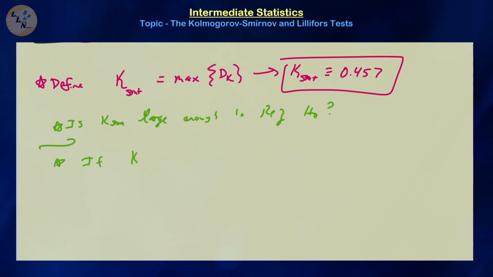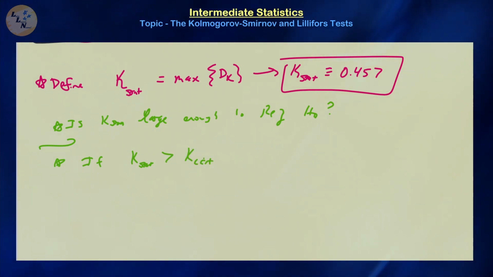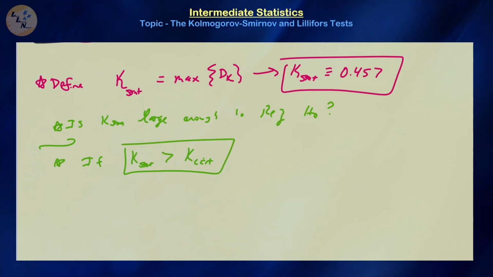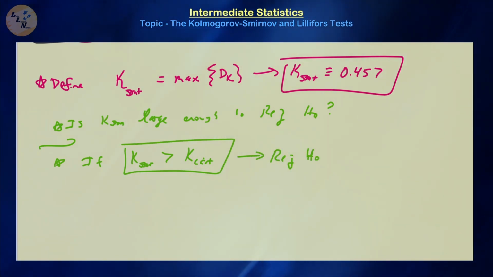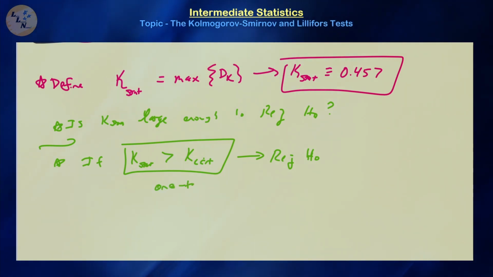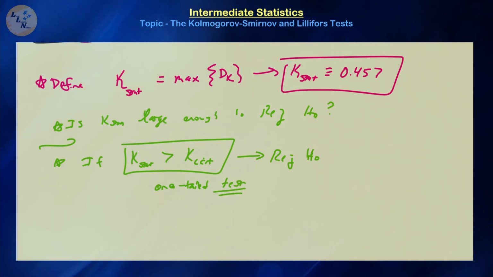If our Kolmogorov-Smirnov test statistic is larger than some critical value, and we need to figure out how we are going to calculate a critical value, then if that is true, we're going to be rejecting the null hypothesis. All right. So this is going to be a one-tailed test.